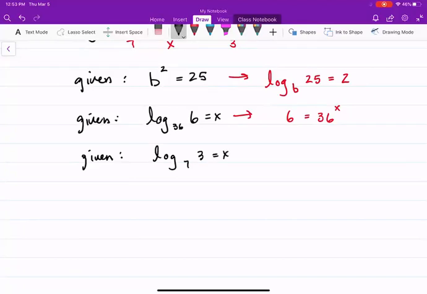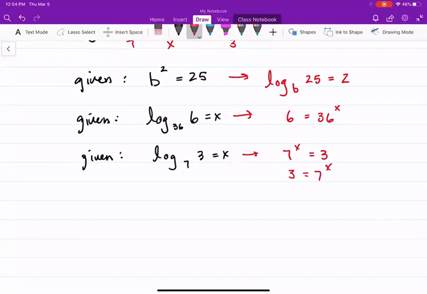Okay. So what did you think it was? 7 to the x equals 3. Anybody else? No? So you think it's 3 equals 7 to the x?